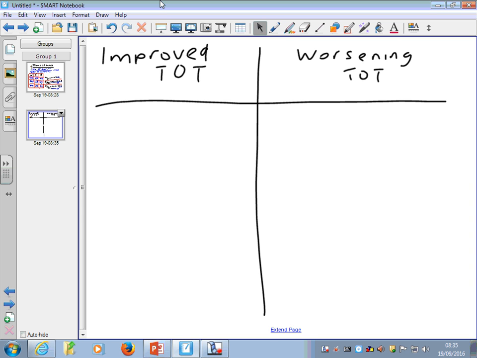Now, if your terms of trade improve, it means that for your exports, you can now buy more imports. So in fact, what that means is, if you think about it, that your exports have become more expensive across the world, and your import prices tend to be cheaper.